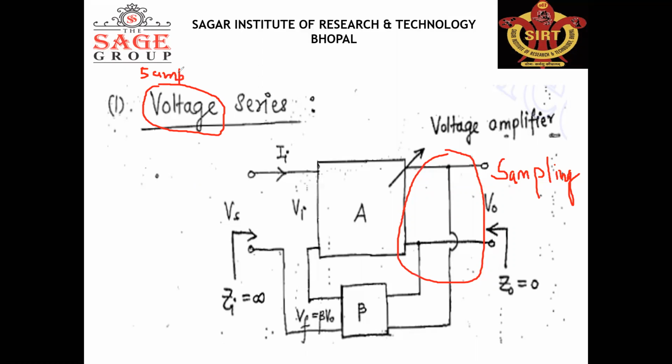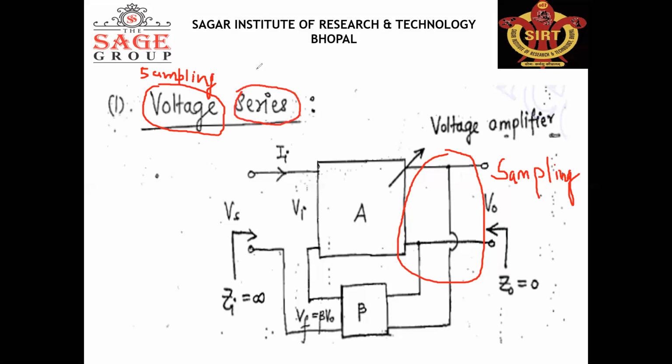The first term is known as sampling. So sampling is done for voltage. When the voltage is sampled, then amplifier and feedback network should be connected in shunt form or parallel form. This should be clear.